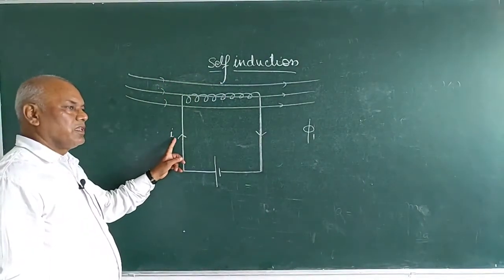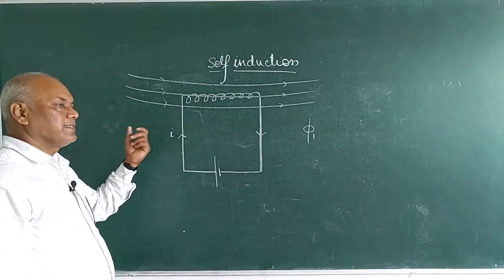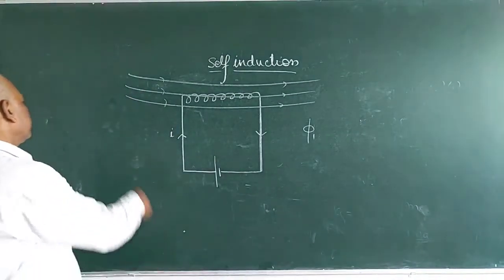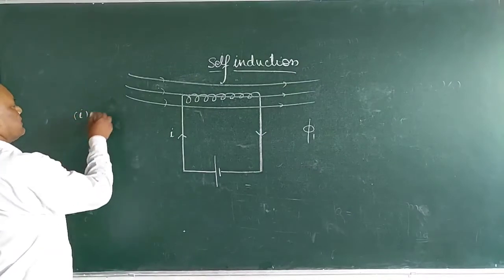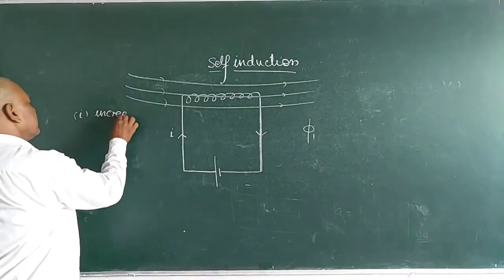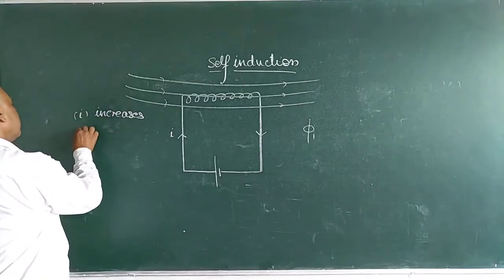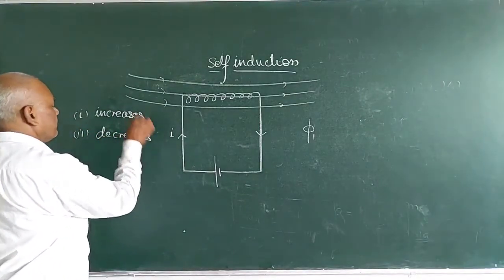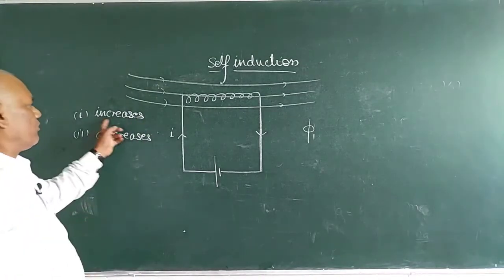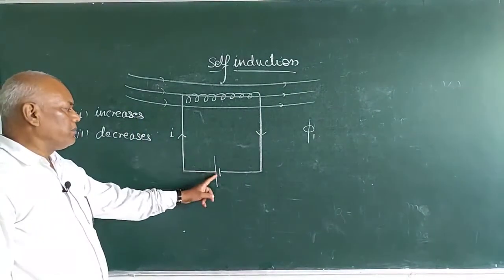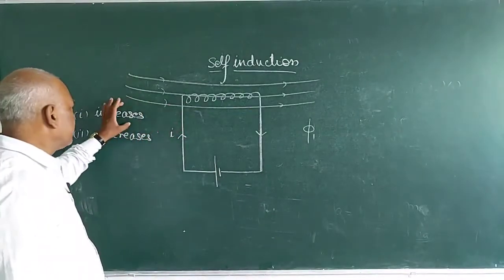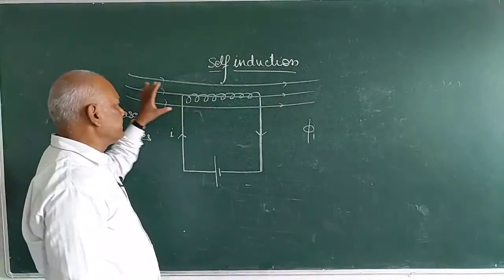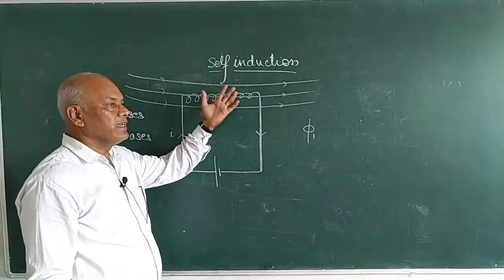Now if the magnitude of this current suddenly increases or decreases, we will discuss first suddenly increases and second suddenly decreases. When the main current supplied by the cell in the coil suddenly increases, what happens? The intensity of the magnetic field also increases.